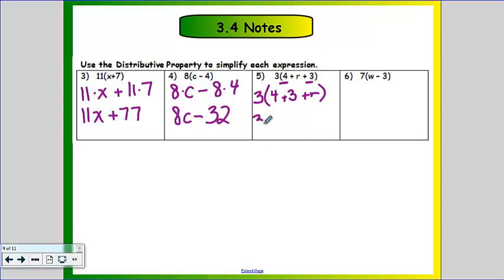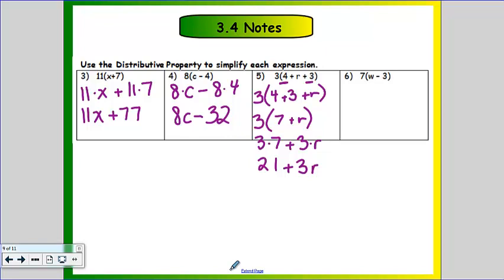So I can start just by adding those together. This is still following order of operations because I'm doing an expression inside the parentheses first. So now I can distribute the 3 to the 7 and the r. So that's 3 times 7 plus 3 times r. So our final answer is 21 plus 3r.